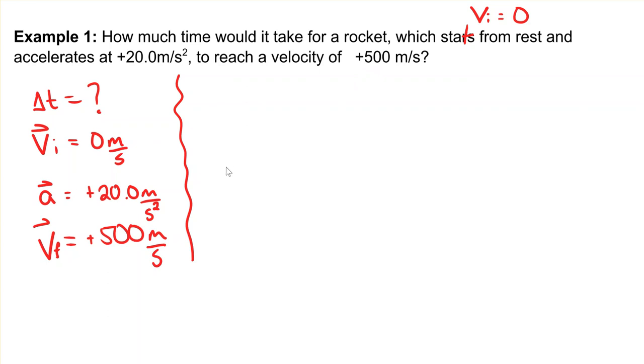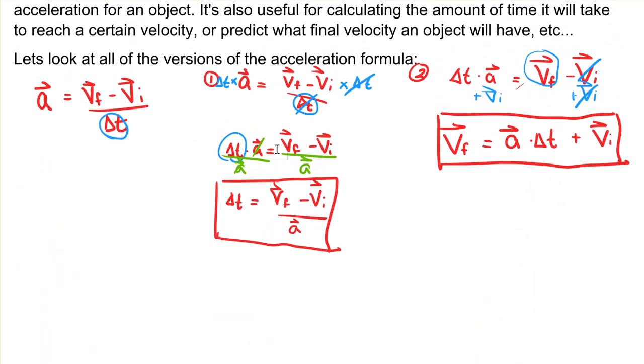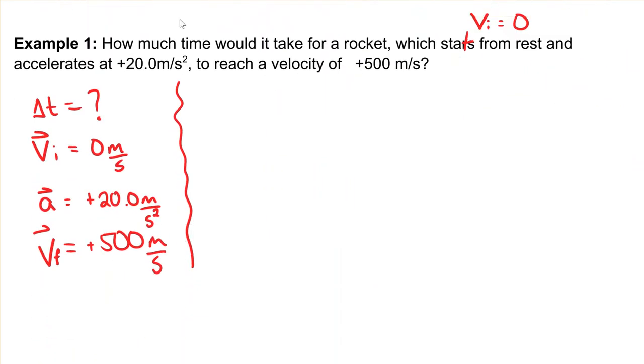So let's go ahead and do this. If I went back to the versions of the equation that I want to use, should I use the first, regular version? No, I'm not looking for acceleration. I'm looking for time: VF minus VI over A. But let's prove to ourselves that we can do that again.